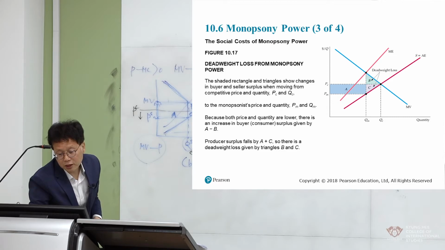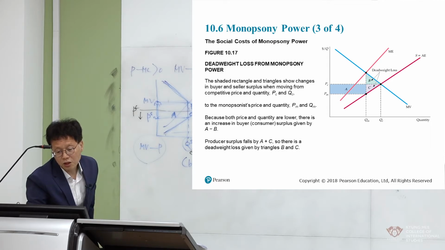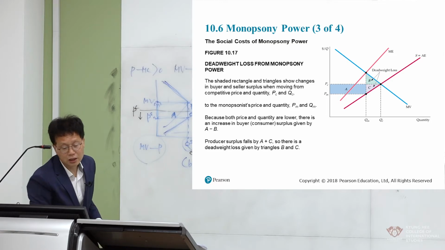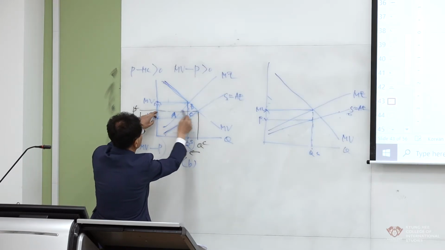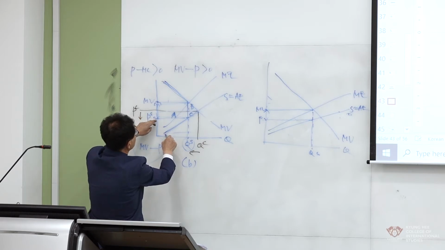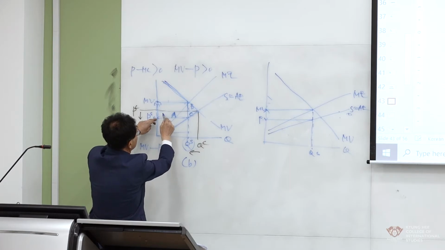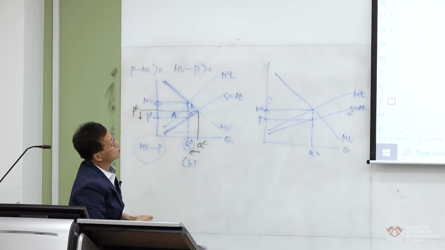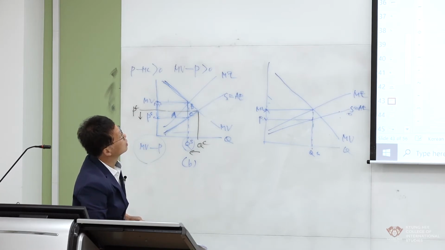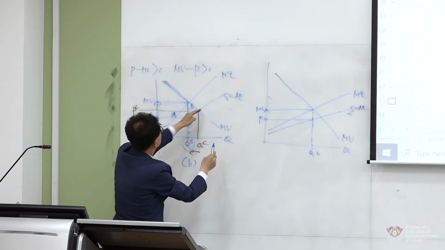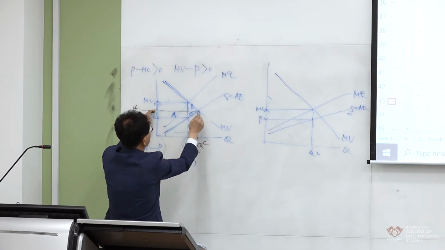The shaded rectangle and triangle show the change in buyer and seller surplus when moving from the competitive price and quantity, PC and QC, to the monopsonic price and quantity, PM and QM. Because both price and quantity are lower, there is an increase in buyer surplus given by A minus B, right? Originally this one, but consumer surplus, this one and this one and, consumer, marginal value, supply, right?